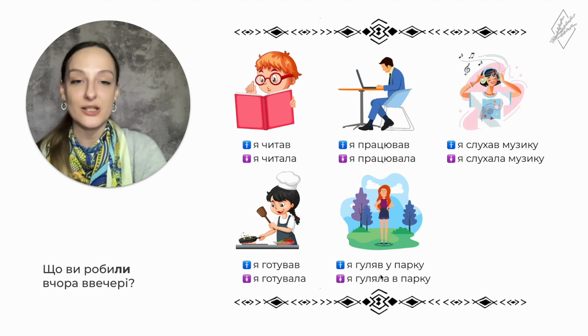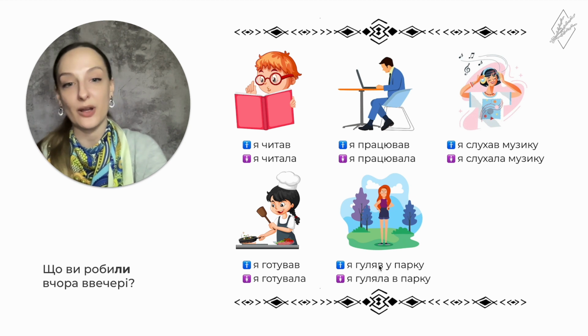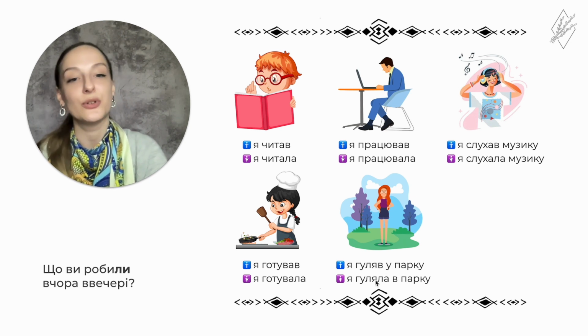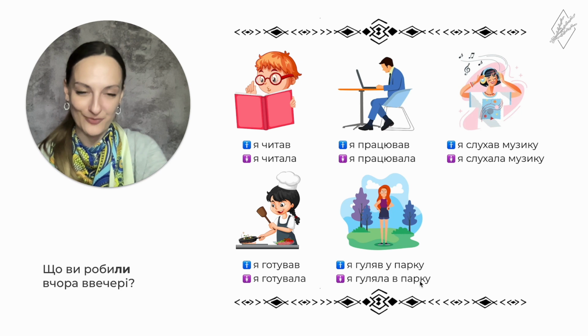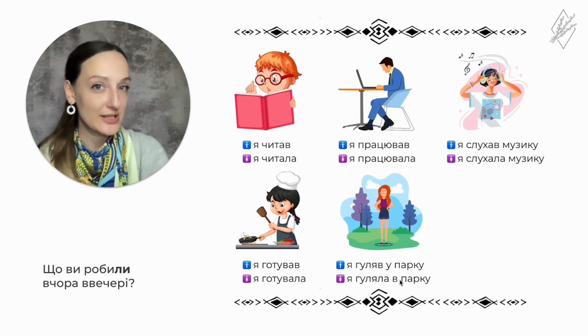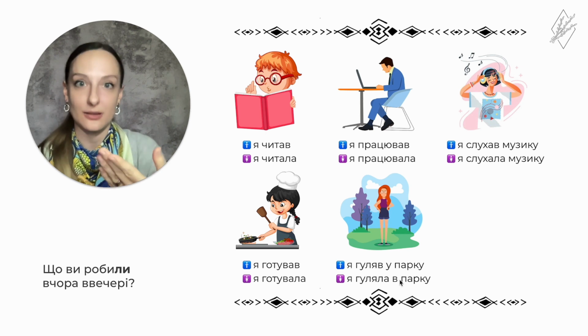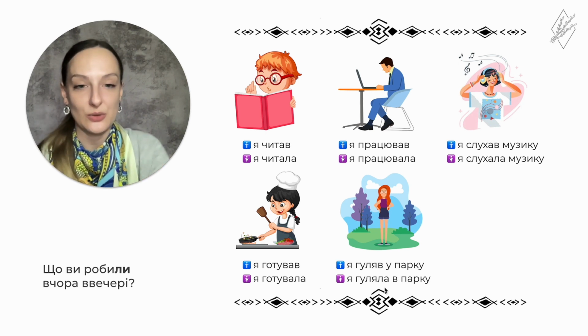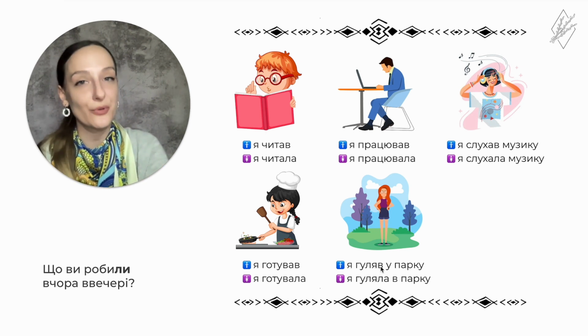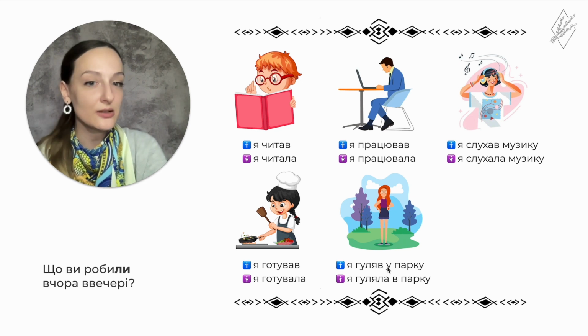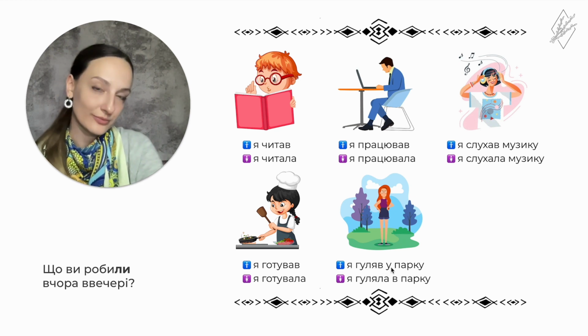Here you can ask me why there are different prepositions here. Why гуляв у парку, but гуляла в парку. These prepositions are replaceable. У and в. We can replace them. They mean the same. In. How do we choose which one to use? If the previous word ends with a consonant, we normally would use у.